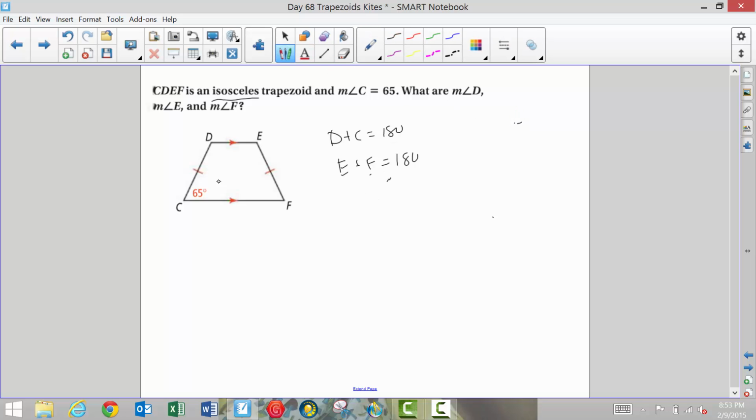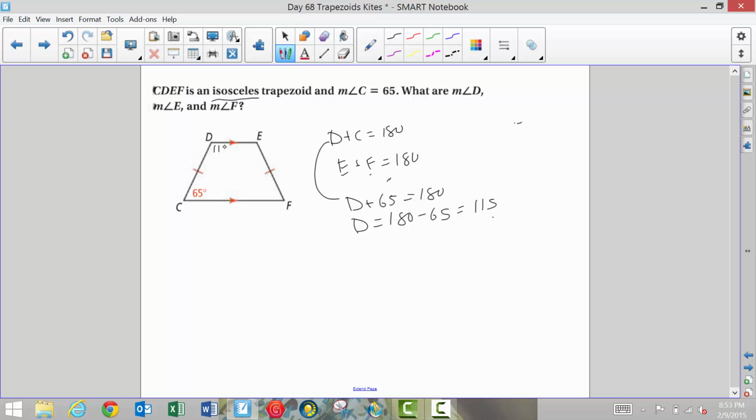And then, so if I know that C is 65, so D plus 65 equals 180, I just subtract 65, and then I get D is equal to 180 minus 65. So 180 minus 65 is 115. So there's D.